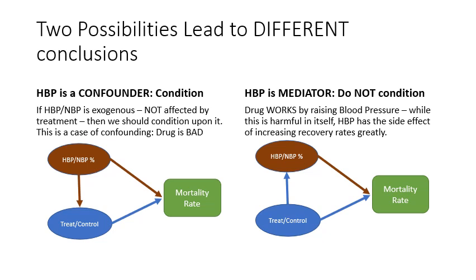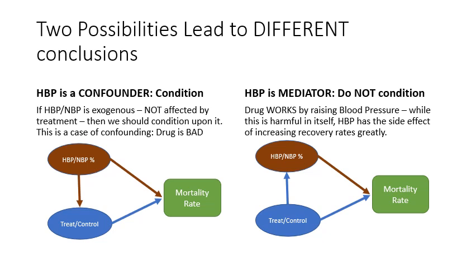In the other case, it's possible that the drug creates high blood pressure. So the drug actually has a damaging effect on recovery, but it has a side effect of increasing blood pressure, and this side effect is actually beneficial for the disease. So the drug acts through two channels.